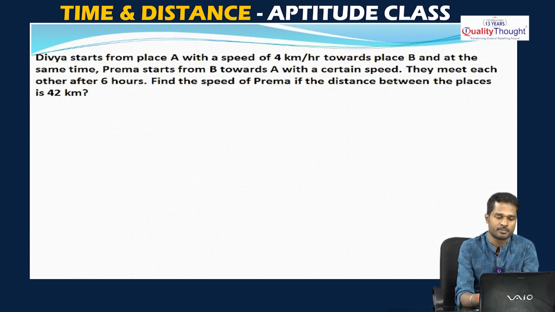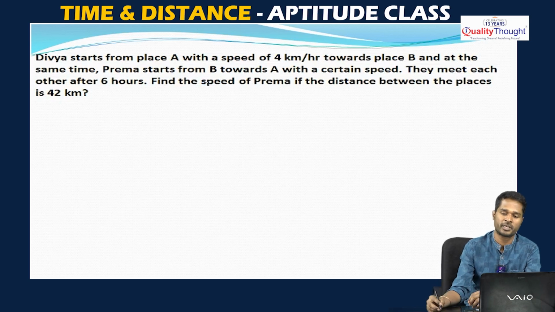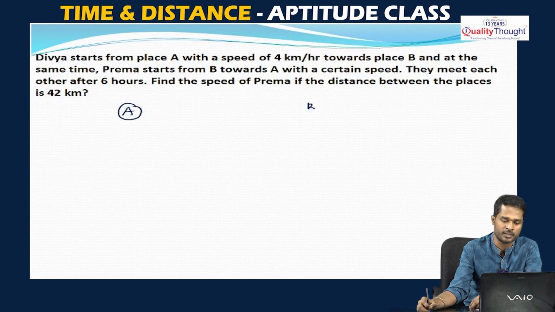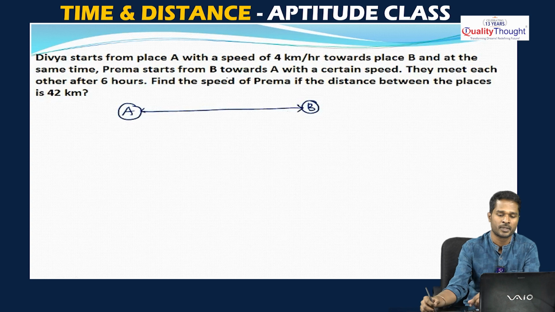The question says, Divya starts from place A with the speed 4 kilometers per hour towards place B, and at the same time Prema starts from B towards A with a certain speed. We don't have the speed of the other person. So let us take this as place A and this as place B. Let us see what extra information we have.